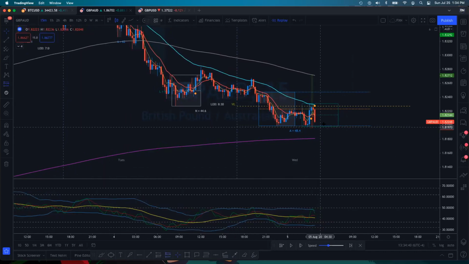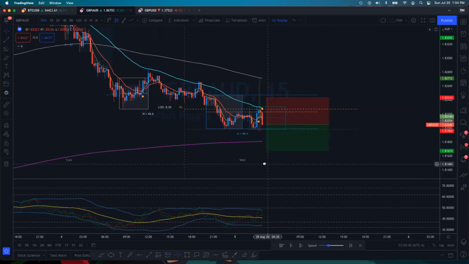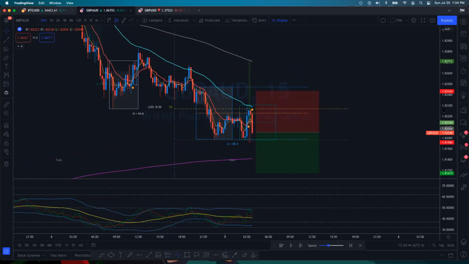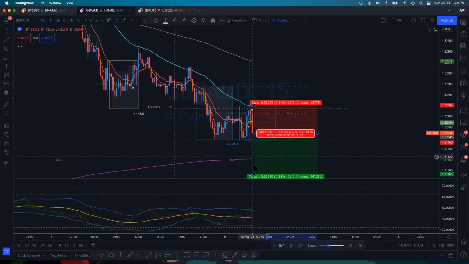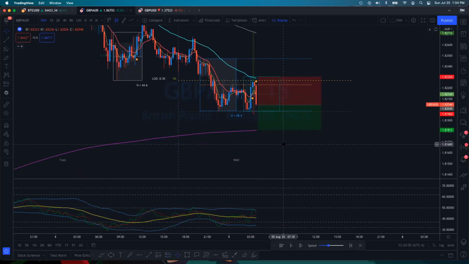So what does that look like here, by the way? Let me see. 25 pip loss to that. Let me ask you, would that be a viable trade? No, right? That would not make any sense to take that trade.